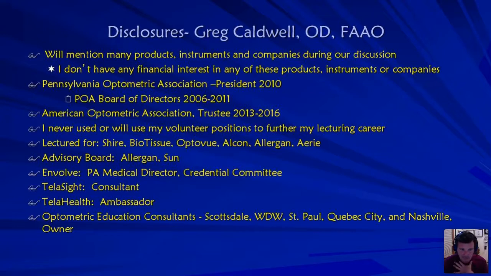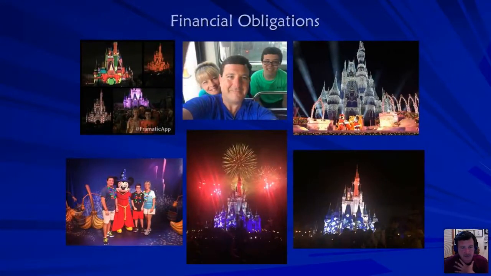Nothing is being received from them for this presentation tonight other than the opening up. And you can see all my other disclosures. With financial disclosures, I always thought it would be good to show financial obligations. Here are the obligations. Big Disney person, and so with my financial disclosures go my obligations.